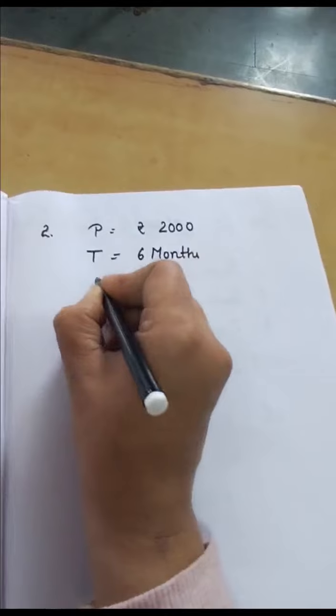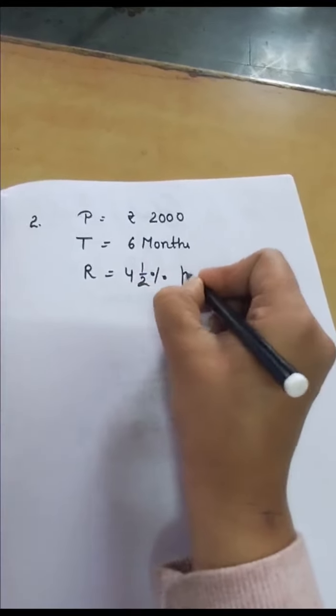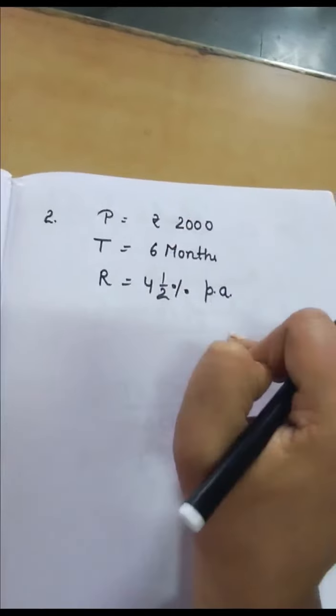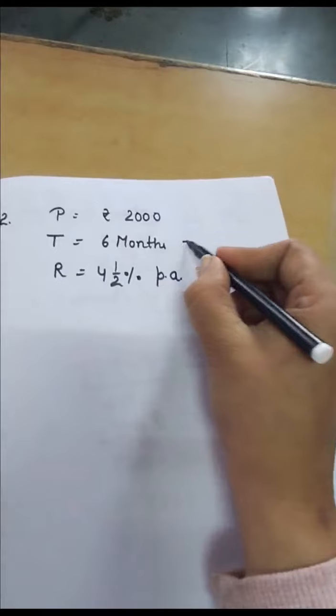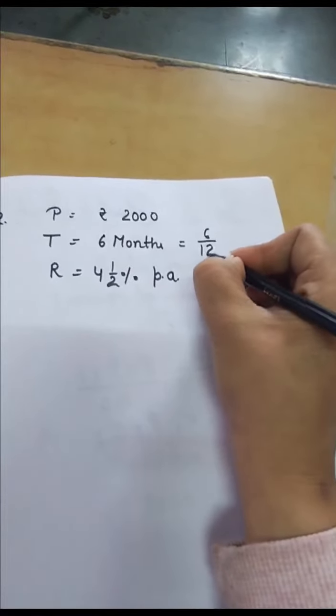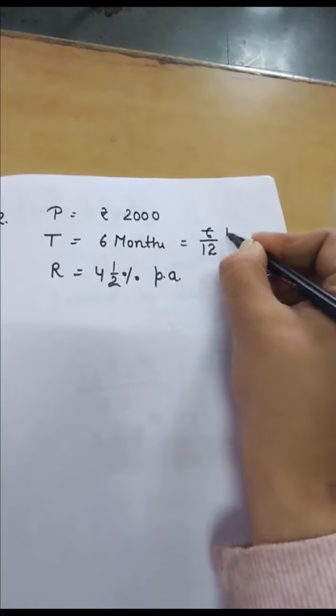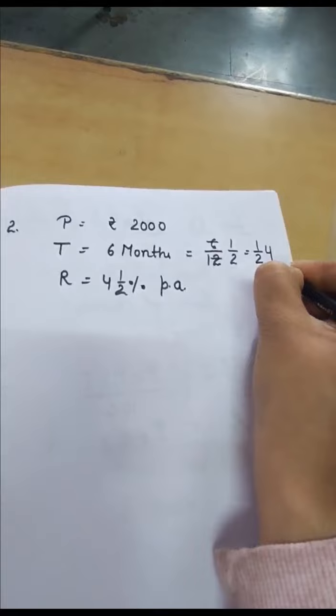And the rate of interest the bank charges is 4.5% per annum. That means interest is given yearly, and here our time is in months. So first we need to convert our time period into years. So we can divide 6 by 12 years, or we can change it into the lowest term. So that is half of the year.